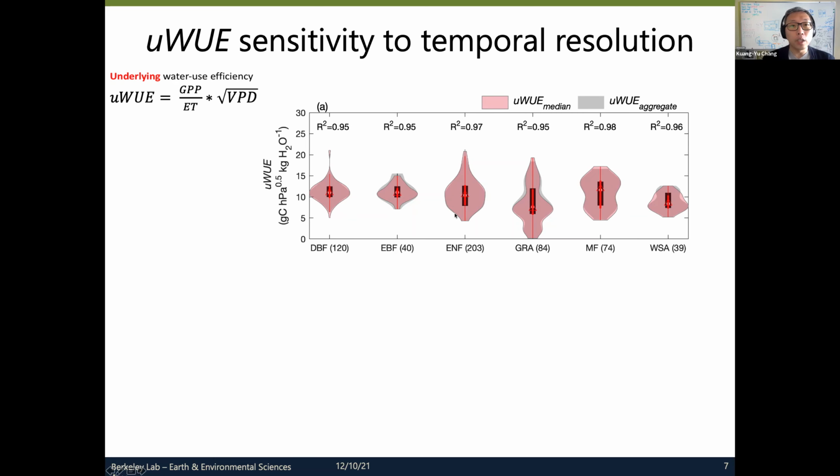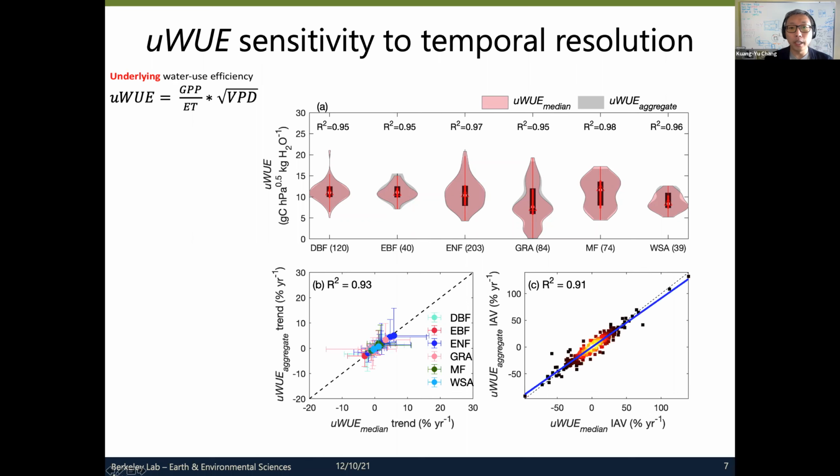So in addition to the underlying water use efficiency values, its decadal trend and interannual variability are also comparable between the two measures. And these results suggest that seasonal water use efficiency values, trends, and interannual variability are not very sensitive to the temporal resolution of the input data.